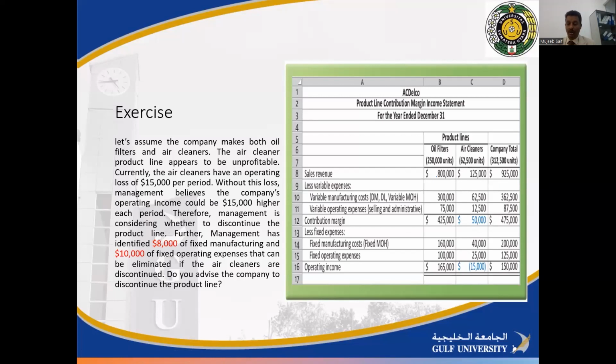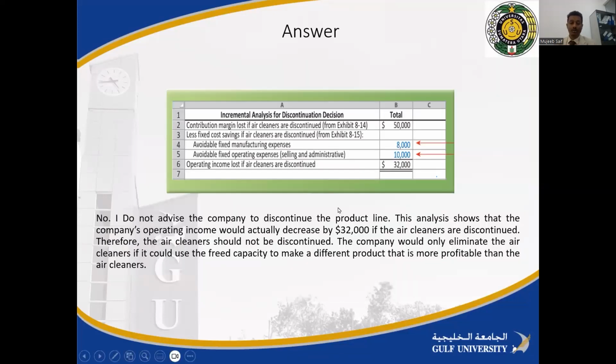So how will you do it now? First of all, you should know that if I close this production line, I will lose some revenue, and yes, I will save some cost. You should make a report like this one.